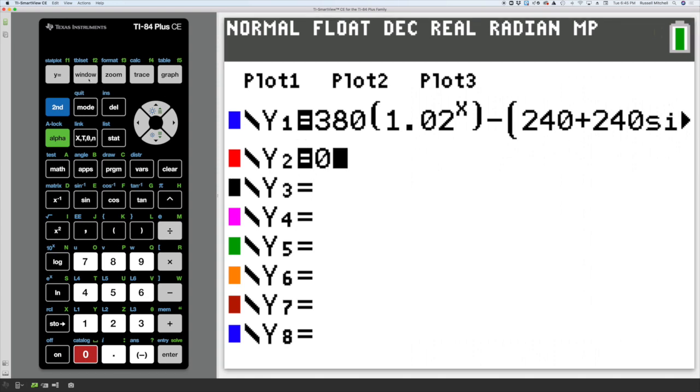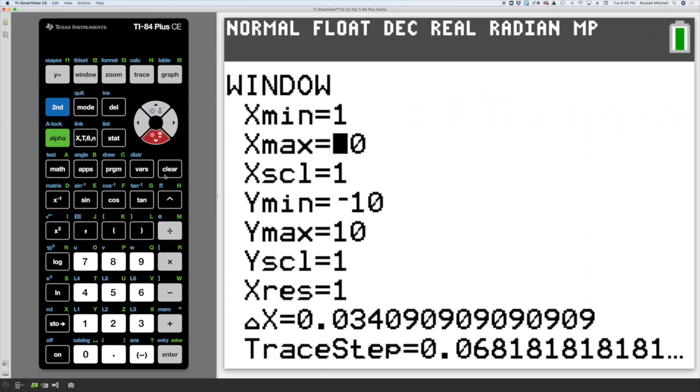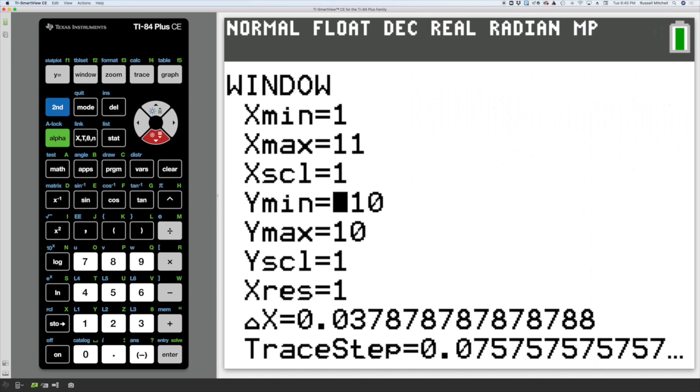So we're going to go to our window. We only want to look where t is between 1 and 11, so x min let's put at 1, and x max at 11. x scale 1 is fine. We know the sine function goes up to 1 and down to -1, and there's a 240 in front of that sine, so it's going to go up 240 and down -240, but there's a 240 being added to that, so that's about 500.